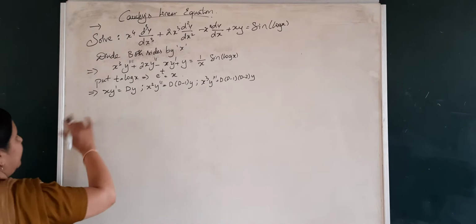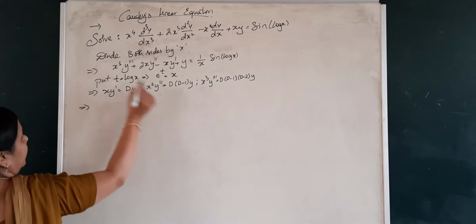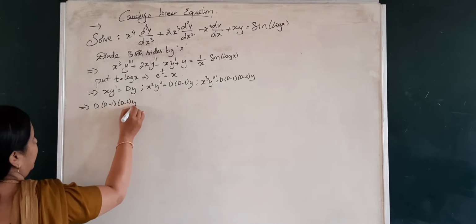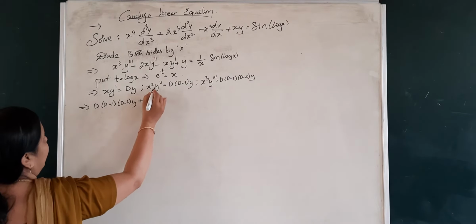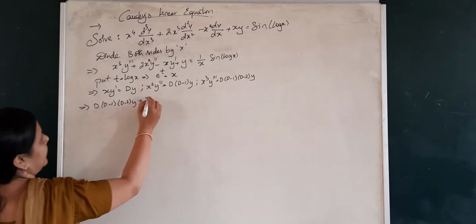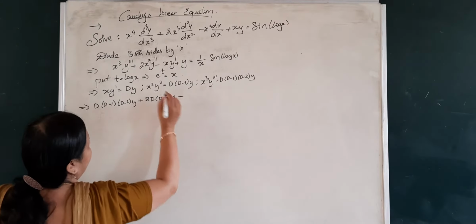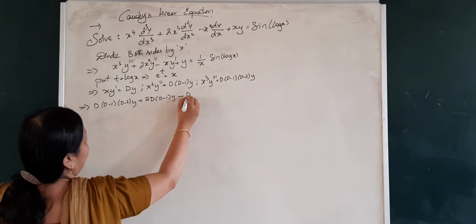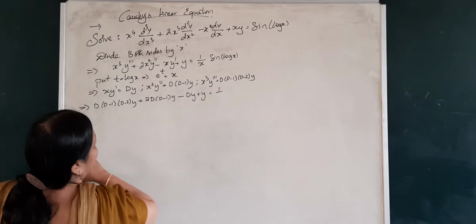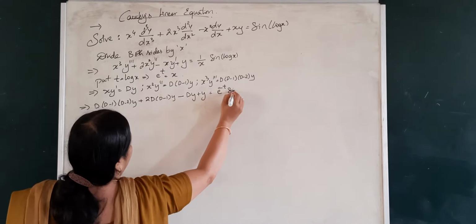Applying these substitutions in this rearranged equation, the third order derivative is replaced by d into d minus 1 into d minus 2 into y plus 2 times the second order term, which will be replaced by d into d minus 1 into y, and this is the negative sign here, and this is the first order term which is replaced by dy, plus y is equal to 1 by x, which is nothing but e power minus t, times sin of log x.